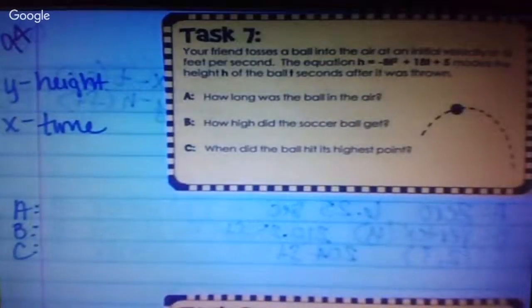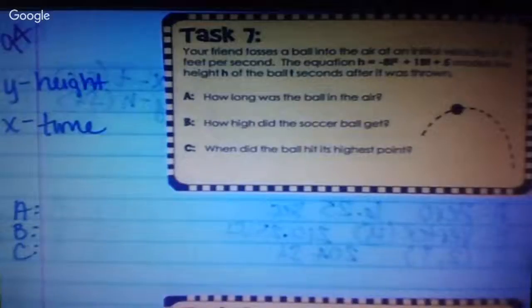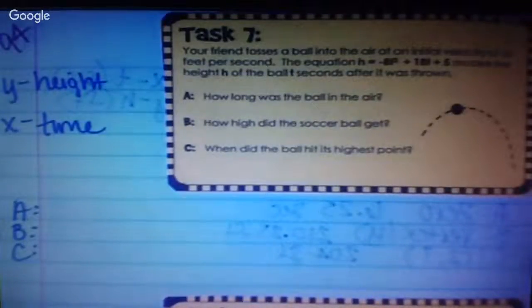Okay, task 7. Those of you that are working individually, that's fine. Those of you that need me, up here for task 7. X is your time. How long does it take for the ball? Y is how high the ball goes. So A has to be your 0. How long was the ball in the air?